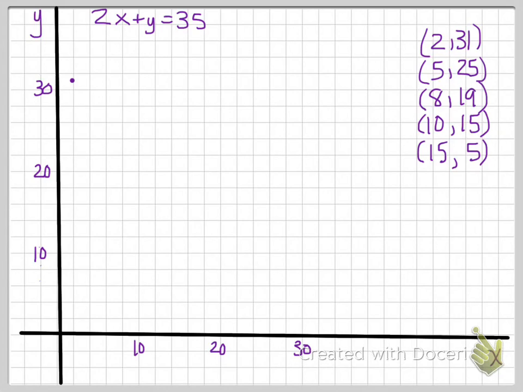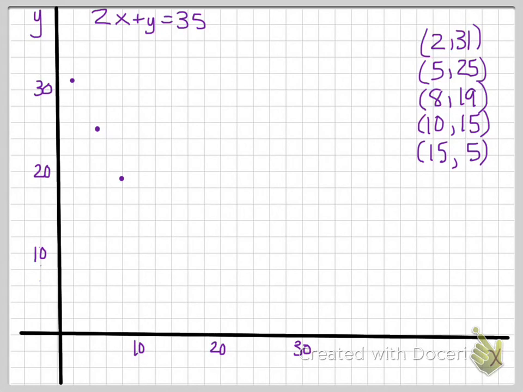So 2, 31. Then I have 5 and 25. So I'm going to follow that up. About right there. 5, 25. And then when X was 8, Y was 19. About right there.